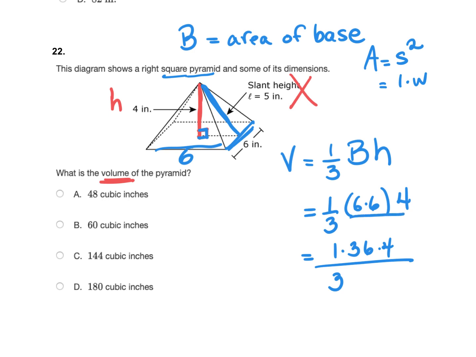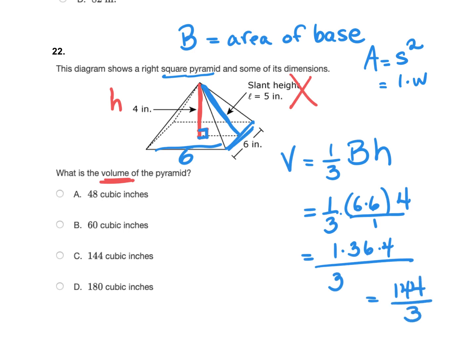If I put this over 1, remember, fractions we multiply straight across. So in the numerator I have 1 times 6 times 6 times 4. So 36 times 4 is 144. And then 3 times 1 is 3.